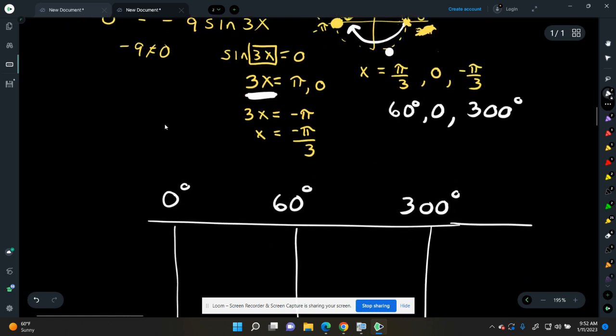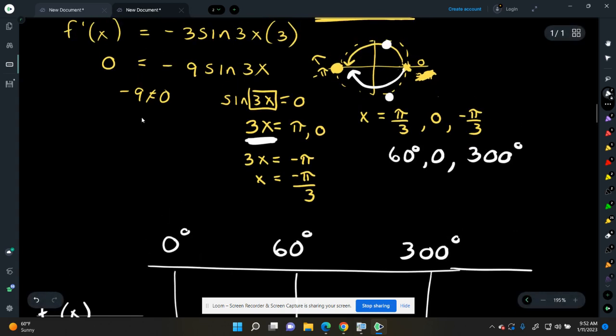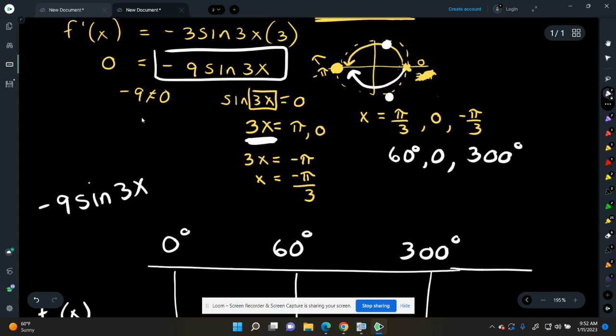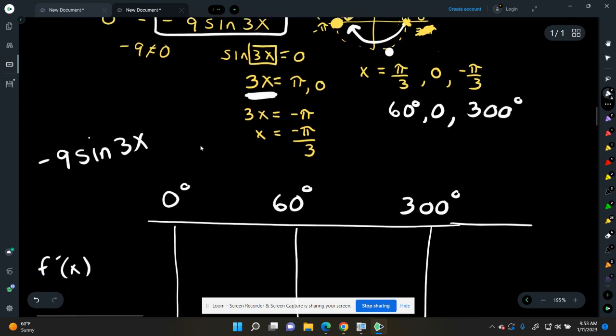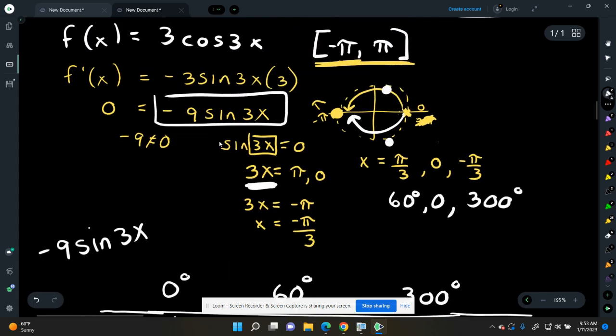Okay, so we're looking at f prime of x. And f prime of x is negative sine 3x. Okay, so when x is less than 0, my domain is going from negative pi to pi.